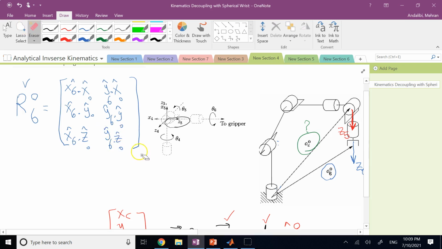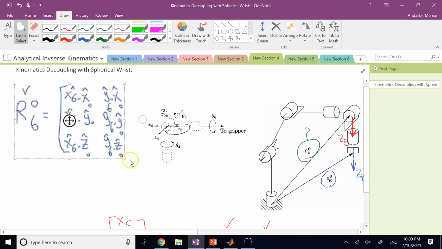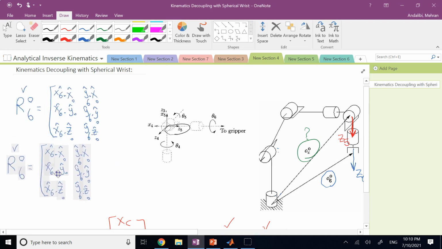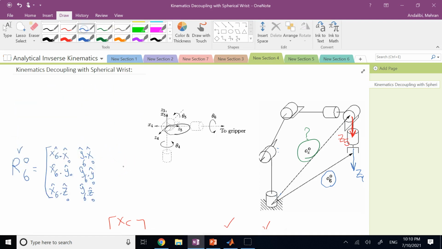Yes? And then the last column is z6 projected along x0, the same z6 projected along y0, and the same z6 projected along z0. Right? That's the definition of this rotation matrix that is given to me.